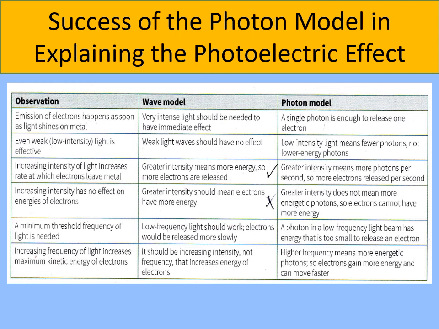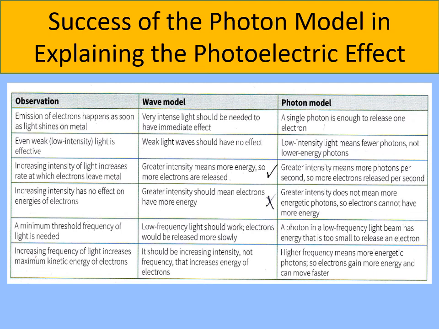Now, the second observation is that even the weak or low intensity light is effective, but the wave model said that weak light waves should have no effect, and that was obviously not the case. So the photon model that Einstein proposed said that the low intensity light means fewer photons and not lower energy photons, just fewer number of photons.